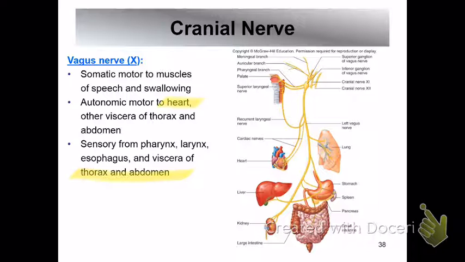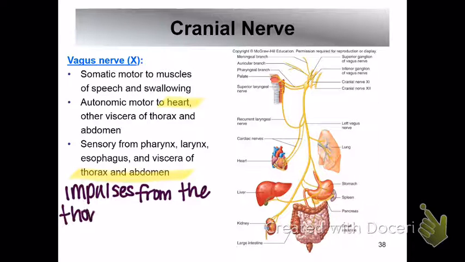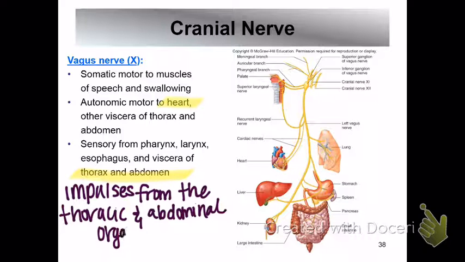Let's write that in a little bit more simple. Black and white. This nerve allows you to receive impulses from the thoracic and abdominal organs.